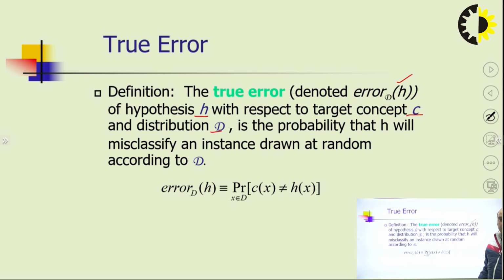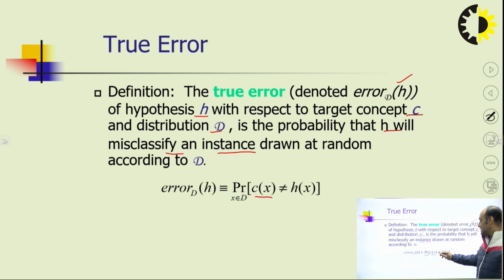This true error is defined as a probability, Pr, that H will misclassify an instance drawn at random according to D. Here C(x) is the concept.